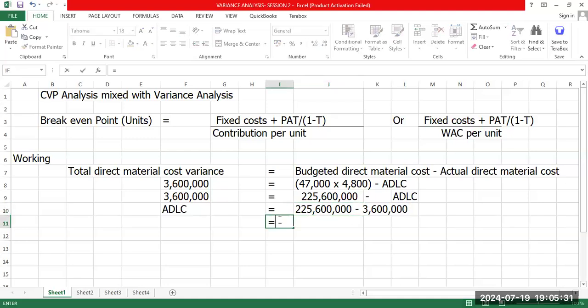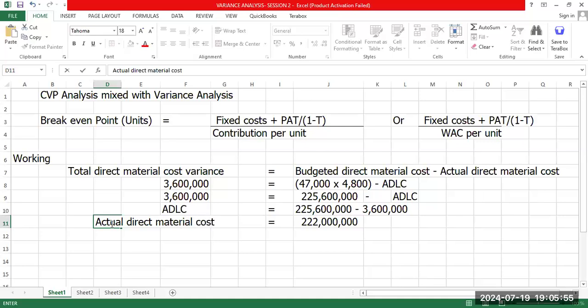And what do you get? I have this, then subtract this. That's what I have as my actual direct material cost. That is working number one.